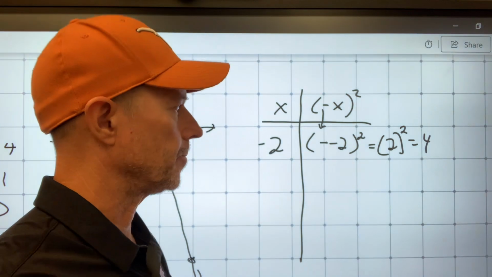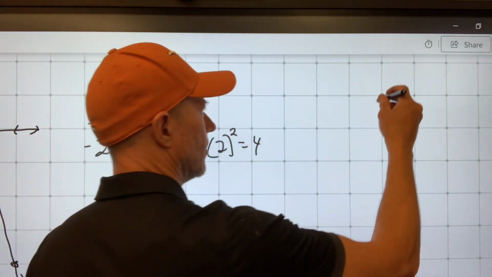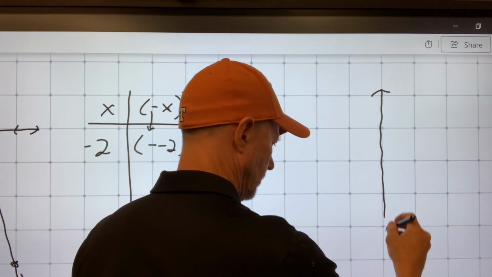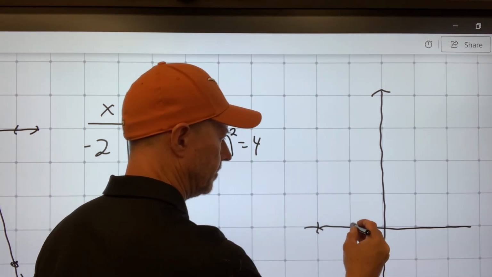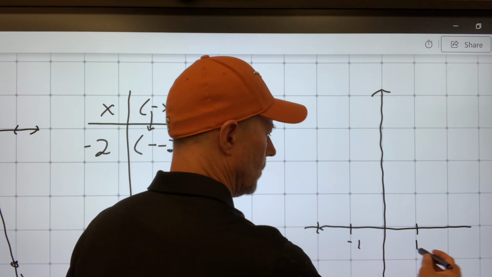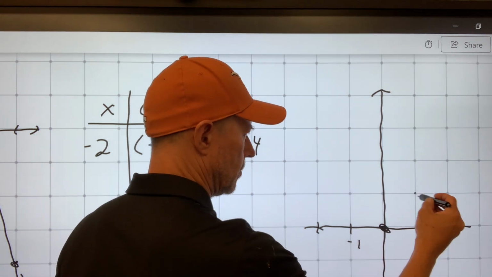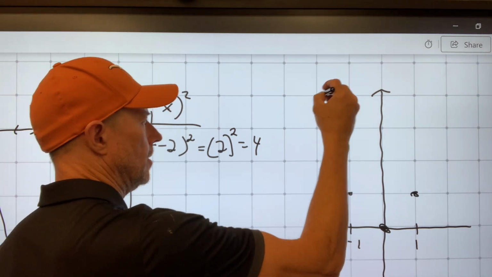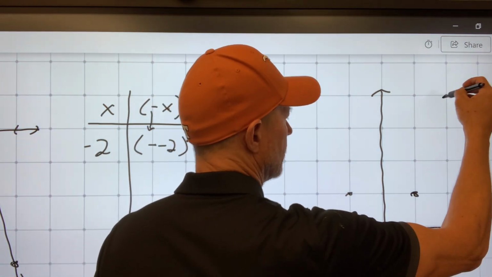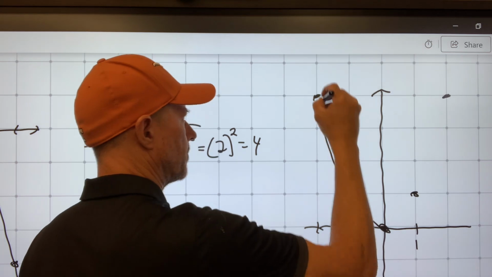Why is that? Well, let's look at the regular graph. So the regular graph at 0 is 0, at 1 is 1, at -1 is 1, at -2 is 4, and at +2 is 4, and it looks like this.